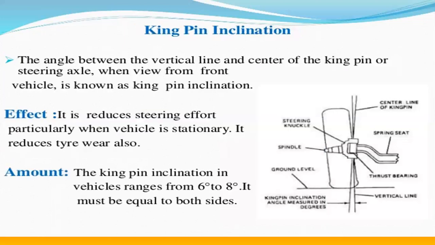And what is kingpin inclination? We already saw the kingpin location in the caster angle. Kingpin inclination is the angle between the vertical line at the center of the kingpin or steering axle, when viewed from the front of the vehicle.